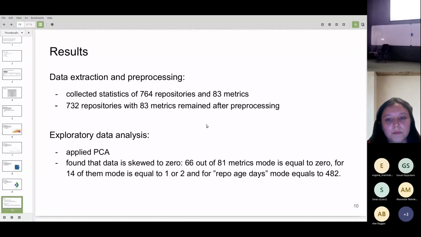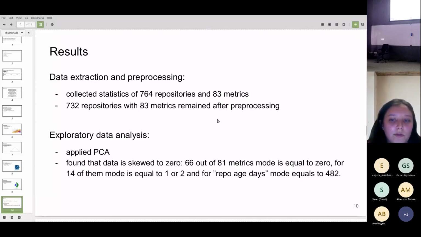And for most of the features, mode was less than mean. For 66 features, mode was equal to 0. For 14, mode was equal to 1 or 2.